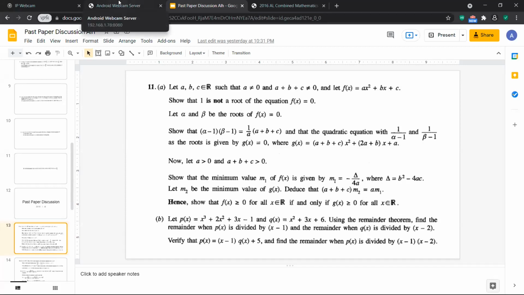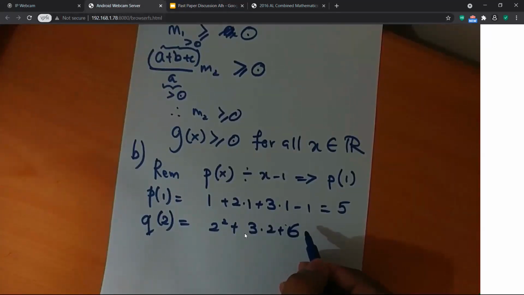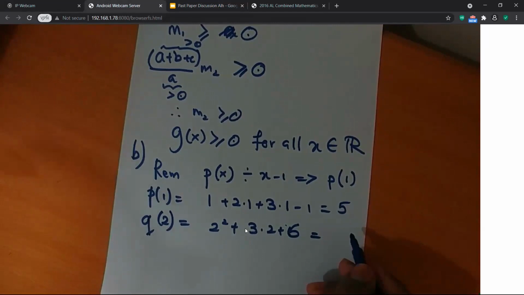It means 2 squared plus 3 into 2 plus 6. That is 4, 4 plus 6 is 10, 10 plus 6 is 16. So the remainder when p(x) is divided by x minus 1 is 5, and the remainder when q(x) is divided by x minus 2 is 16. All right.